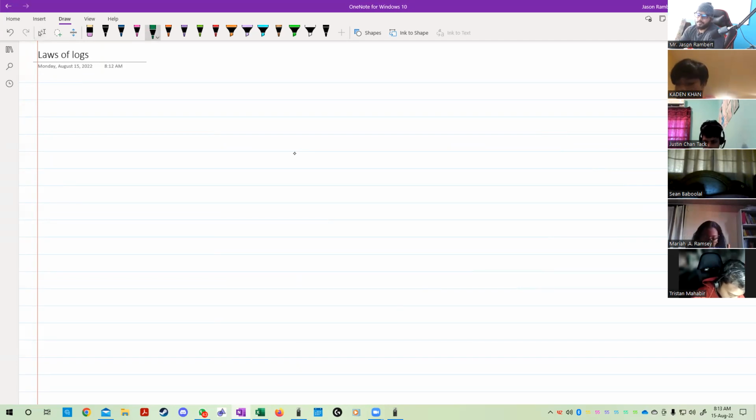Now, a log comprises a couple of components. Logs look like this: log of A, B is equal to C. Now, B is called our base. A is a number. And C is also a number.